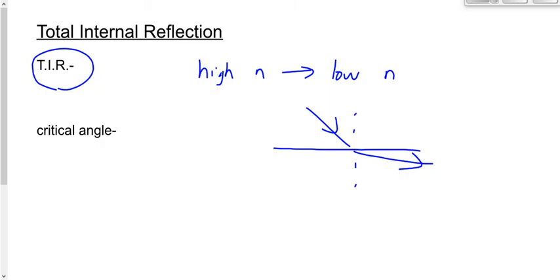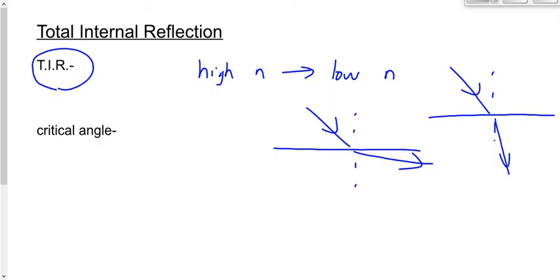But if you go from low to high, then you get that ray of light bending toward the normal line. It ends up going like this. And when it bends toward the normal line, when theta 2 is smaller than theta 1, you can never get total internal reflection. So unlike when you're skipping rocks from the air to the water, you can't get reflection with light from air to water. You can get reflection from water to air. It's got to be from high to low index of refraction instead of low to high.